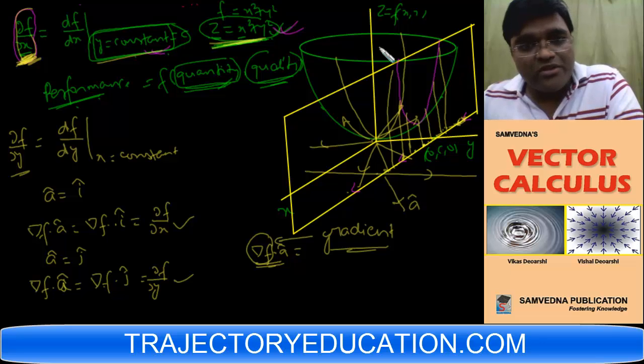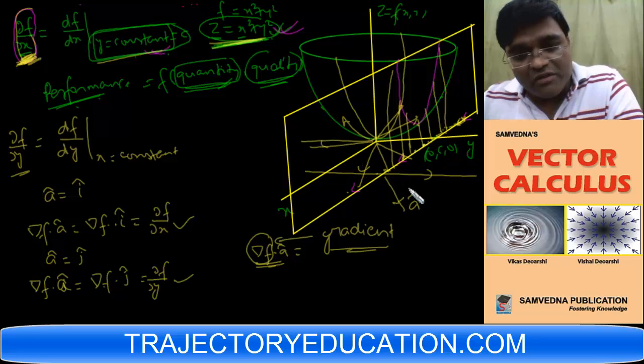This surface is symmetrical about the z-axis. It is a surface of revolution of a particular curve around the z-axis. In this particular case, not always, if I am moving along this curve or along a line passing through the origin in this domain, you find z is increasing in a similar fashion in all directions.